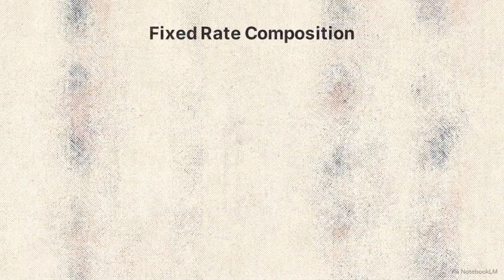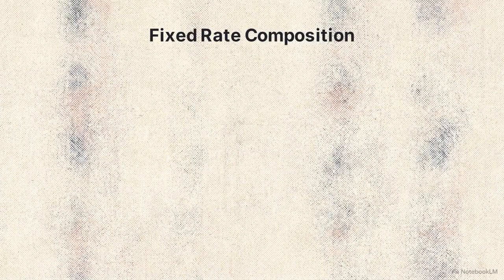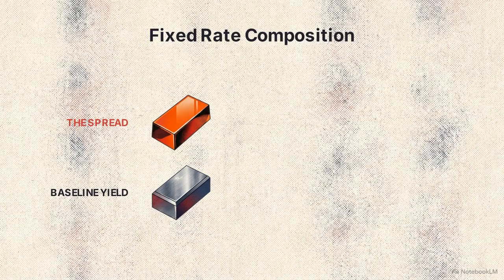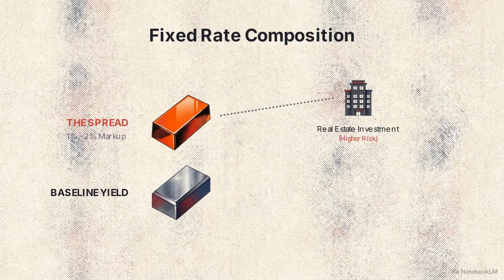This animated chart illustrates how your rate is built. The bottom block is the baseline bond yield. The top block stacked directly on it is the spread. This is a mandatory markup of 1 to 2% that banks add to their borrowing costs to ensure profitability. It exists specifically to cover the higher risk and operational costs of lending to an Ontario real estate investor, compared to funding government debt.